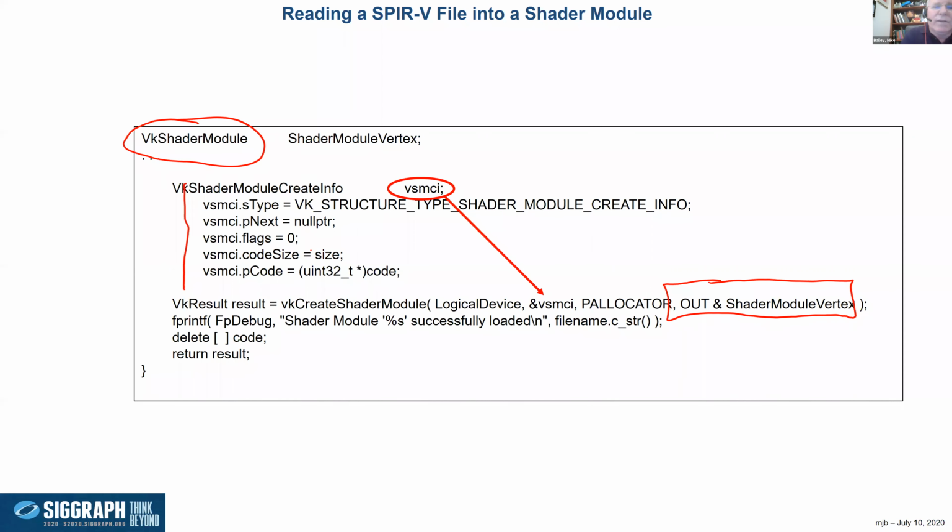So here's the array that we read the shader bytes into. We call vkCreateShaderModule, and it returns a filled structure, which we're going to use later by providing it to the pipeline data structure.